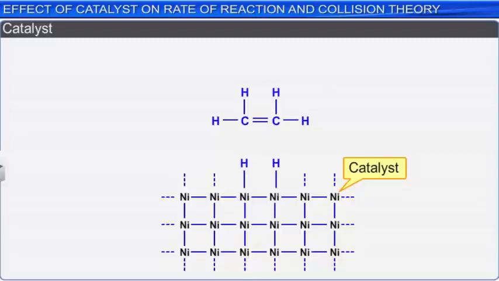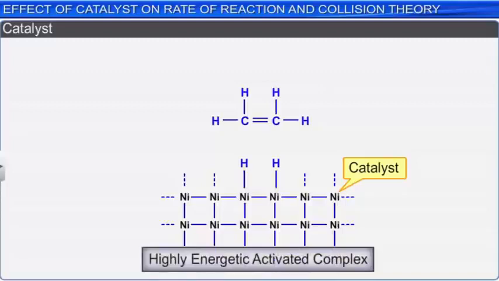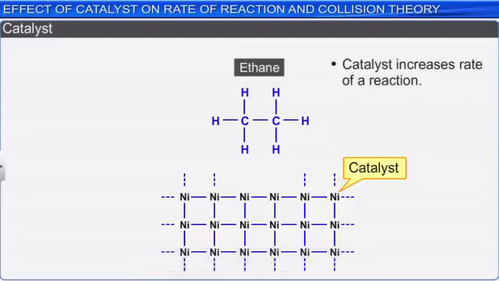These hydrogen atoms are attached to the surface of nickel by chemical bonds. In the next step, a highly energetic activated complex is said to be formed when these hydrogen atoms attach to ethene molecules by partial chemical bonds. The highly unstable activated complex further dissociates to form molecules of ethane and the free catalyst. Thus, a catalyst increases the rate of a reaction.